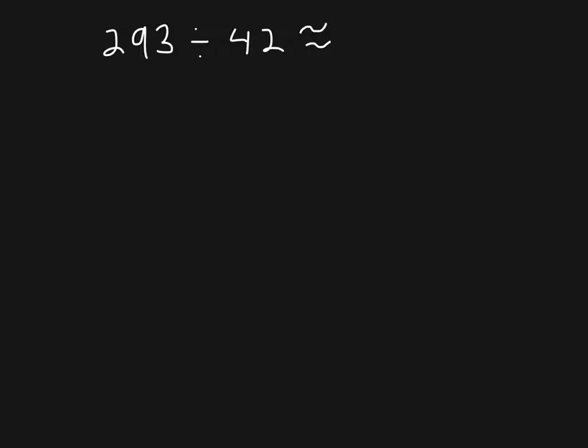293 divided by 42. So the first part is pretty straightforward. I'm going to round the divisor to the greatest place. And of course 42 is going to round to 40. Now rounding the dividend for this one is a little trickier.